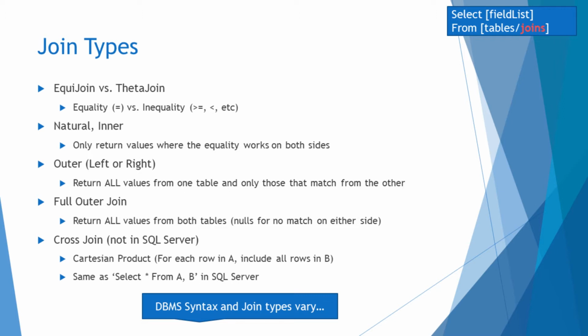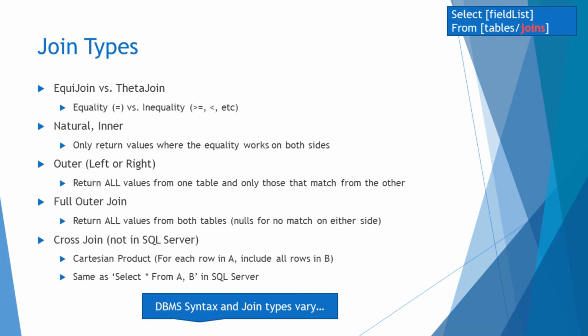The normal join that you are going to be using in SQL Server is a natural join, or what we call an inner join. It only returns values where the equality is on both sides. So we don't return any excessive values.